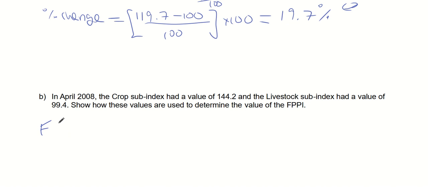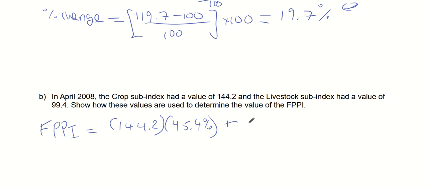So let's do FPPI. And on the top here, we're going to put down 144.2, and we are going to multiply it by 45.4%, because we're using weighted values.